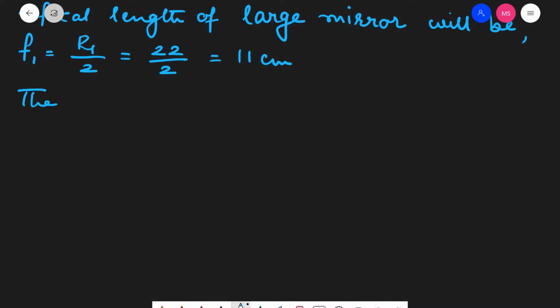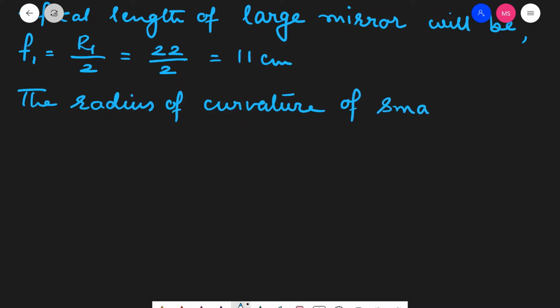Also, the radius of curvature of small mirror is, let the symbol be R2, which is given as 140 mm.